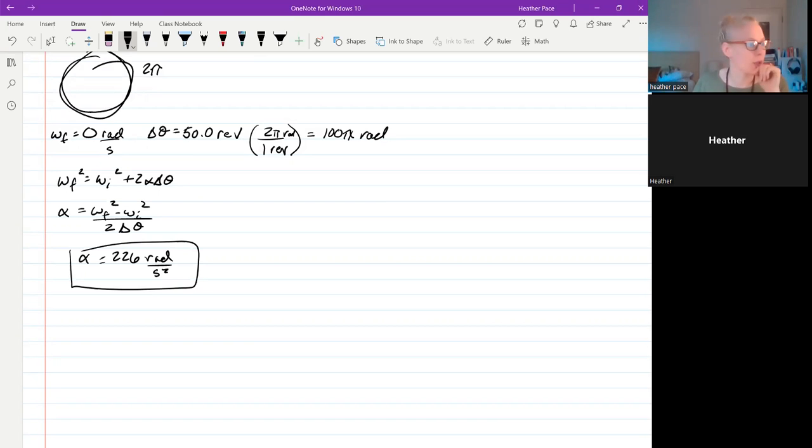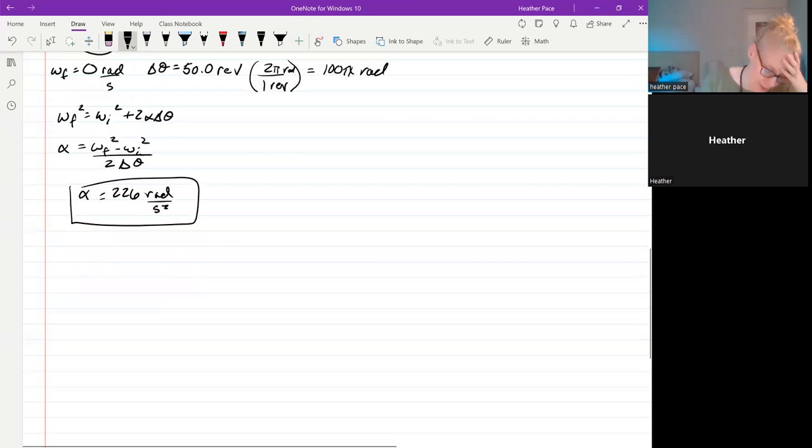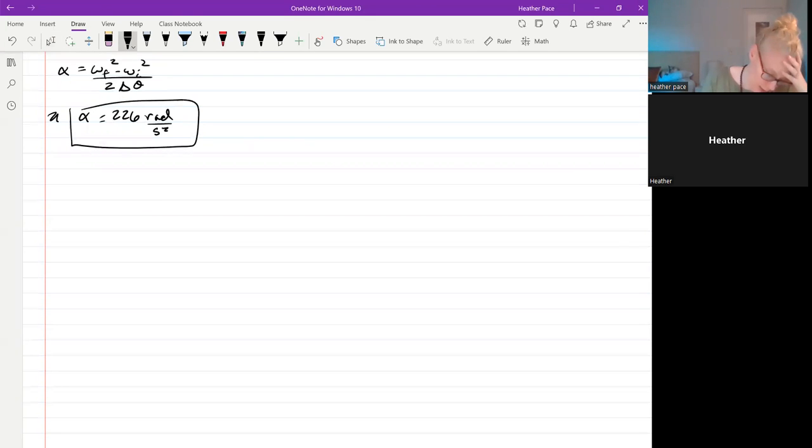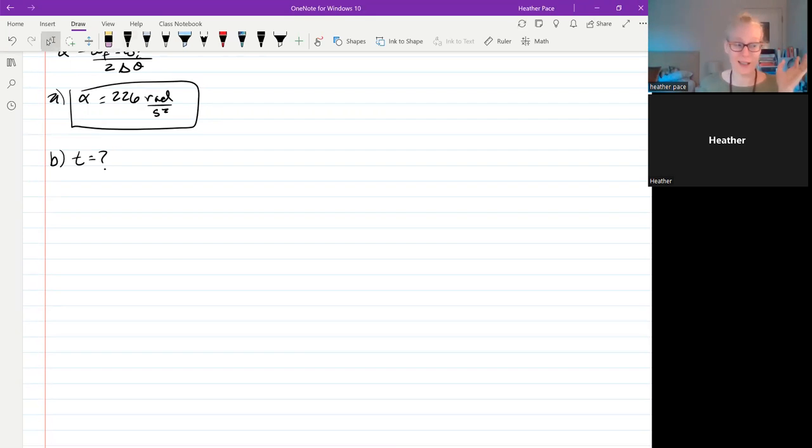The professor asked us to also calculate the amount of time it takes for the centrifuge to come to rest. So this is our A. Our B is going to be t equals. And again, we're going to look at our kinematics equations.